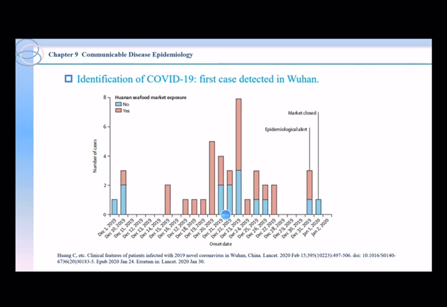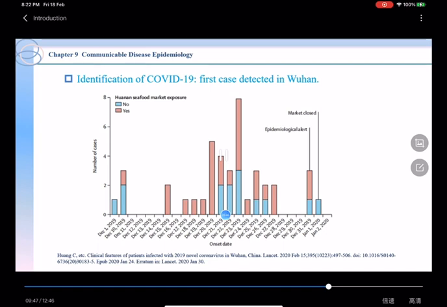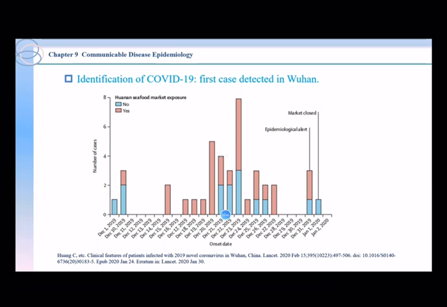In this figure, we identified the timeline for the COVID-19 identification in Wuhan. This is one of the first studies published in the Lancet. This study describes the 41 cases first detected in Wuhan.